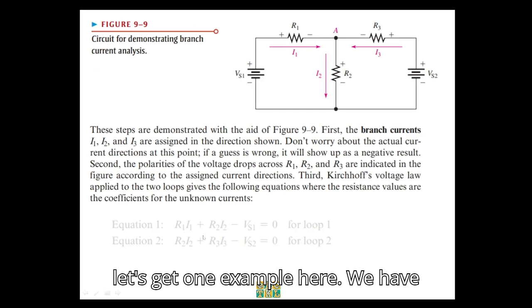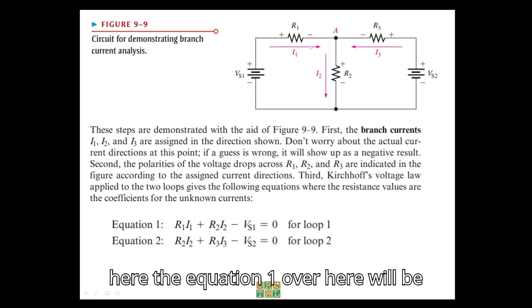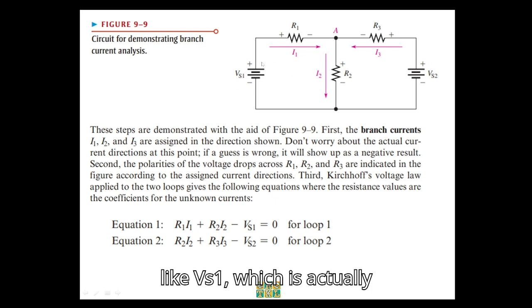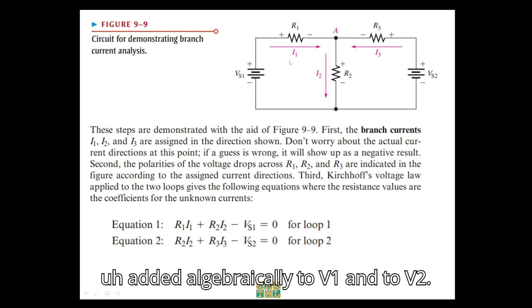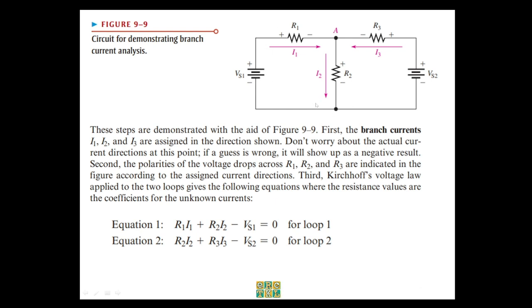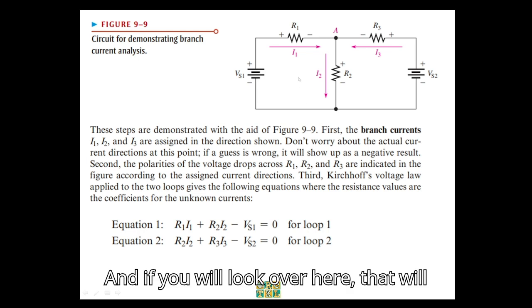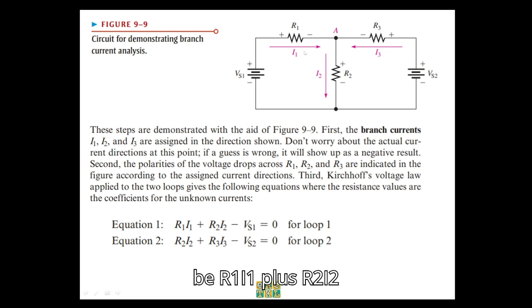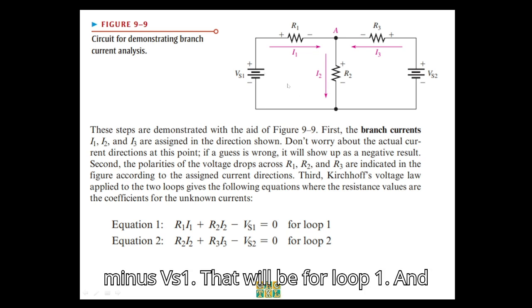So let's get one example here. We have the equation 1 over here, which will be VS1 added algebraically to V1 and to V2. And if you look over here, that will be R1I1 plus R2I2 minus VS1. That will be for loop 1.